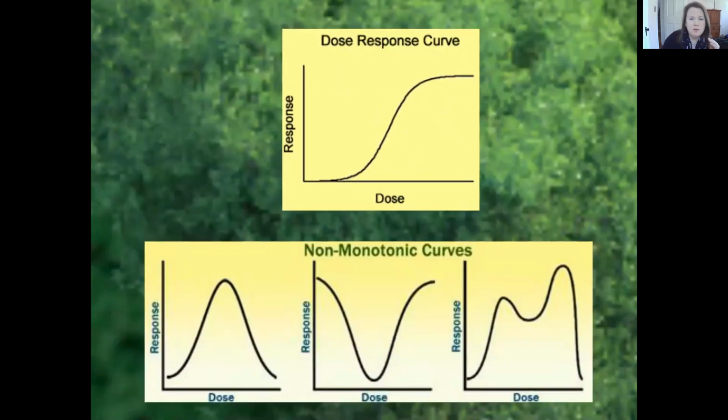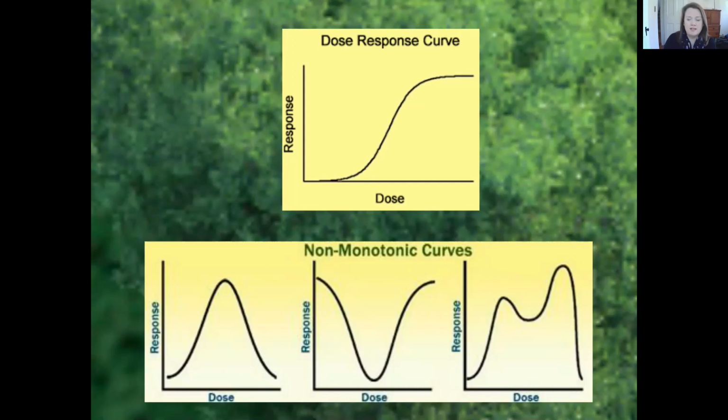So I put up a couple of these dose response curves. This may be something you've seen before if you've studied public health. The first one on top is the dose makes the poison: the higher the level of exposure you have to a particular hazard, the more of an impact it's going to have, the more likely that you might have a negative health effect as a result.